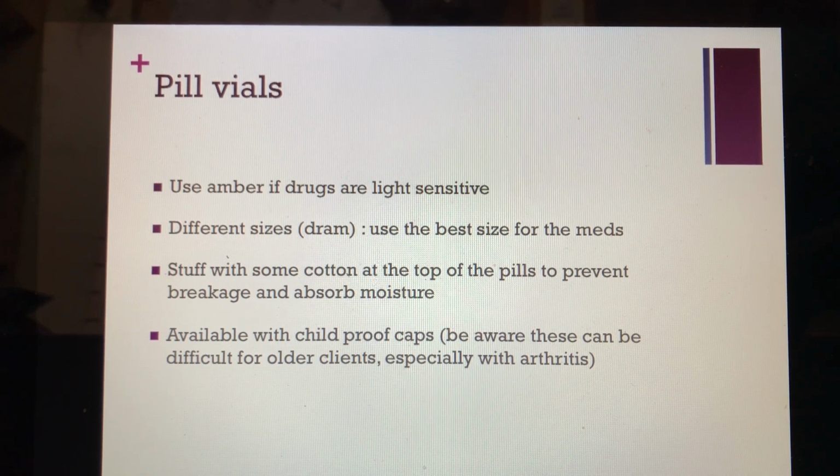Most of the time you're going to be dispensing with the child-proof caps. If you have clients that have arthritis, or issues with their hands or mobility issues where they can't open pill vials, I'm sure they will inform you. If you do have an older client, you may want to ask, is a childproof cap okay? Because if it isn't, then you might need to work out a different type of vial to dispense for them.